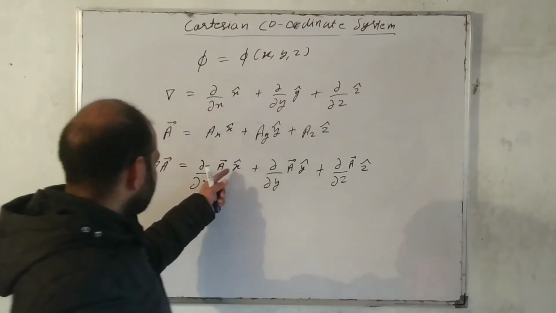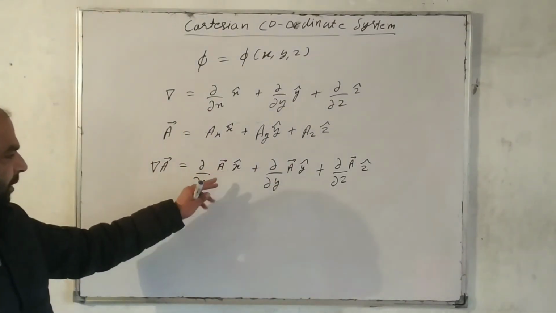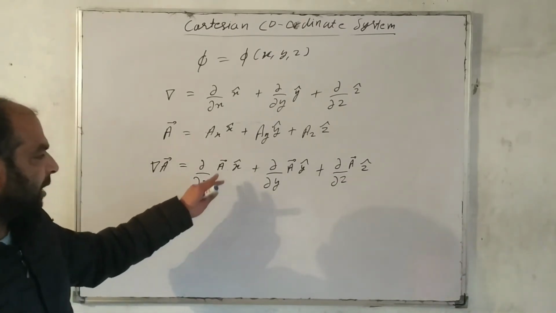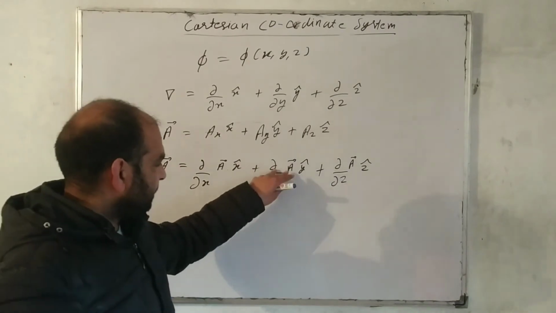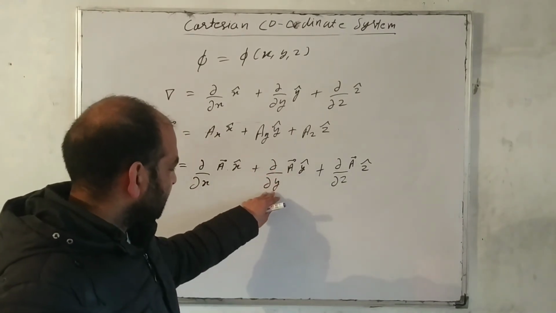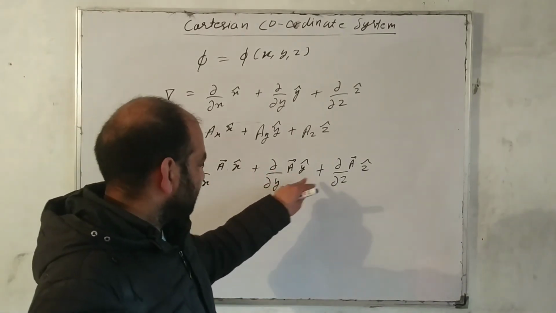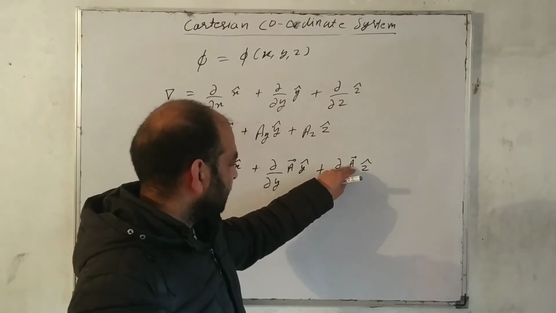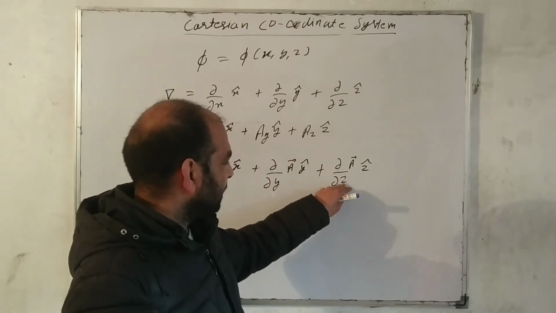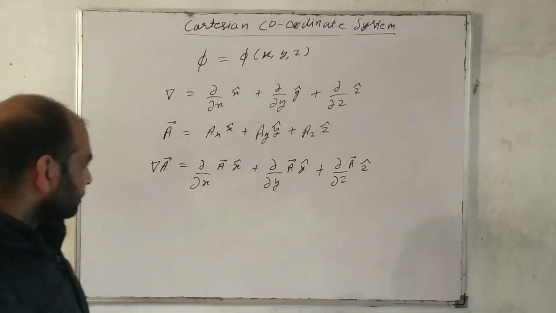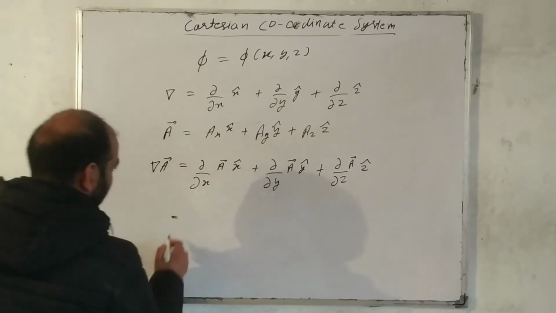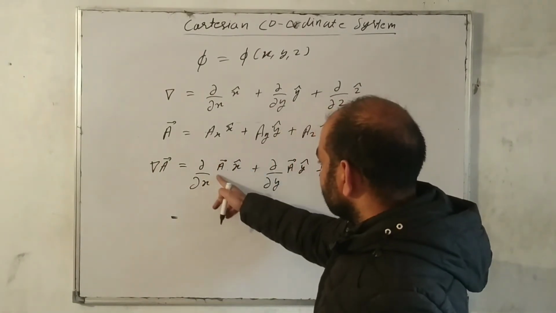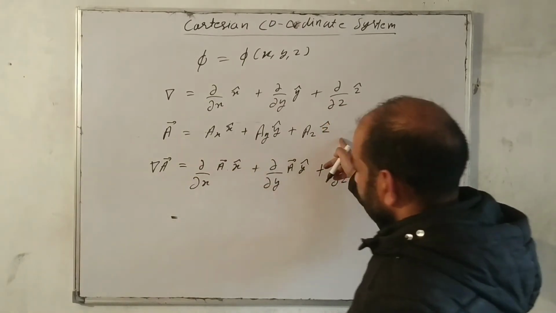Its meaning is the change in vector A with a small change in x along the x direction, the change in vector A with a small change in y along the y direction, and the change in vector A with a small change in z along the z direction. That is its meaning.